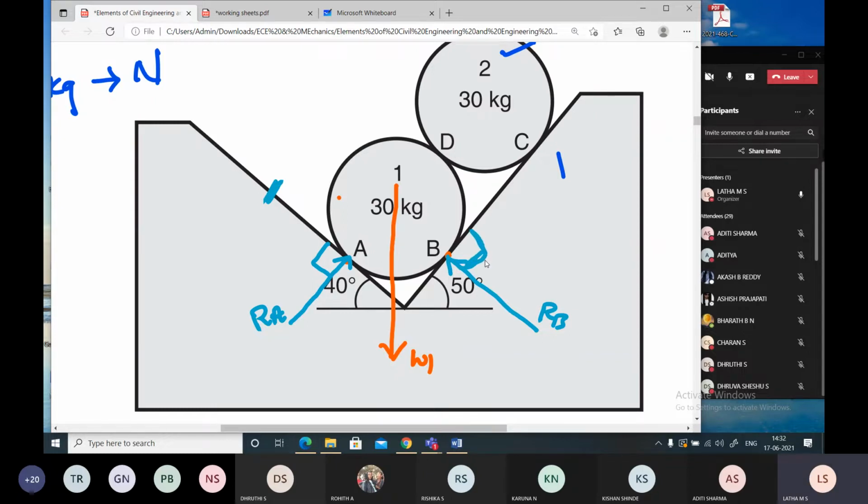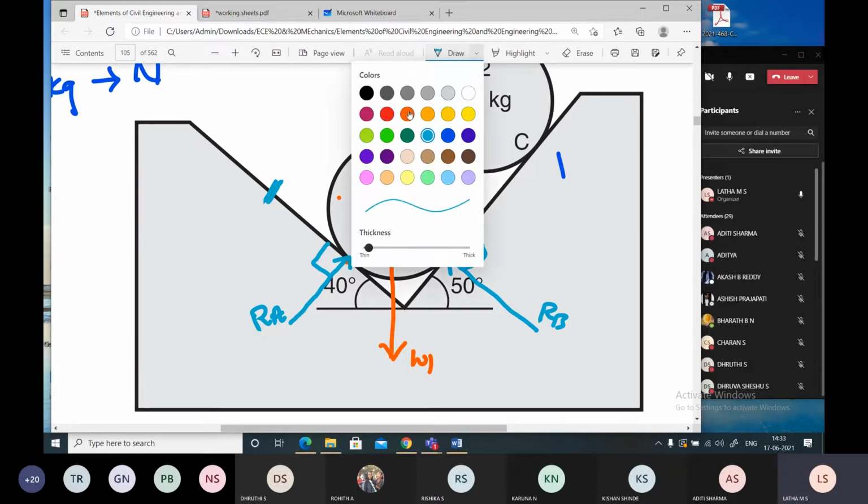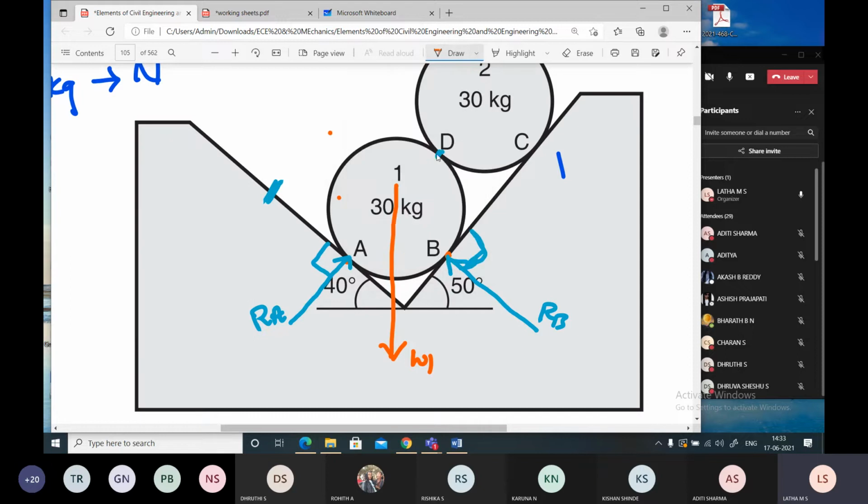Okay, students? Do you find any other reaction? No, ma'am? I say yes. There is one reaction at point D. Ball 1 is in contact at points A, B and D. So I'll drop a reaction, let it be in any direction, students.